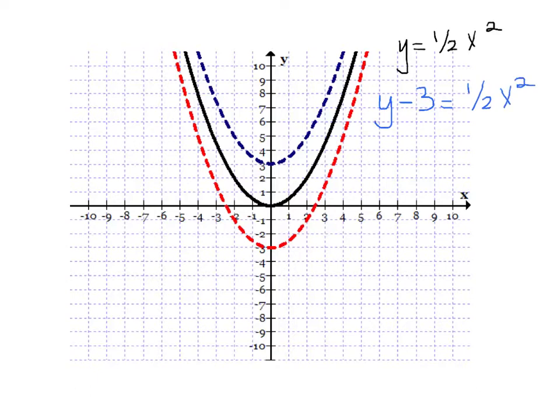To move down vertically, we said y minus negative 3 is equal to 1/2 x squared, or we can write this y plus 3 is equal to 1/2 x squared.